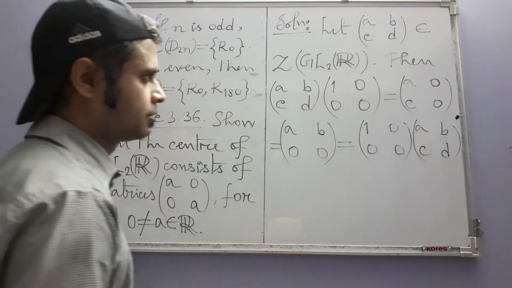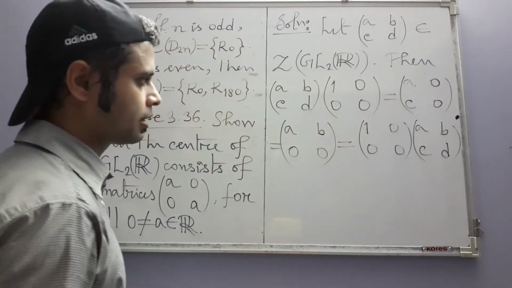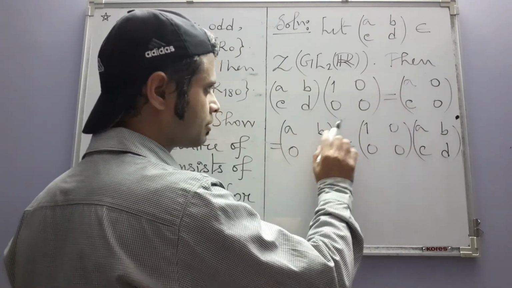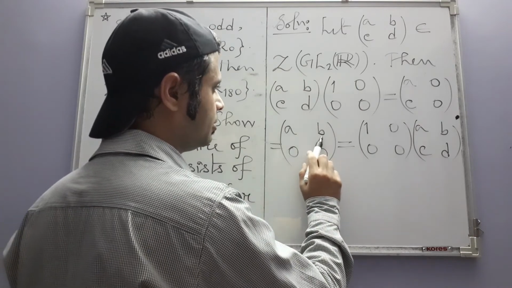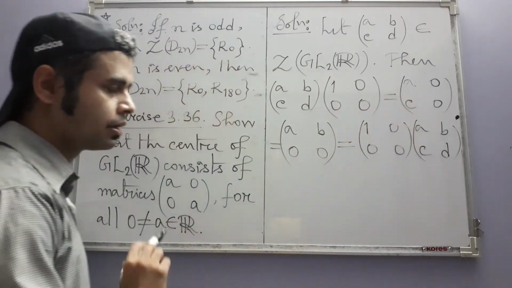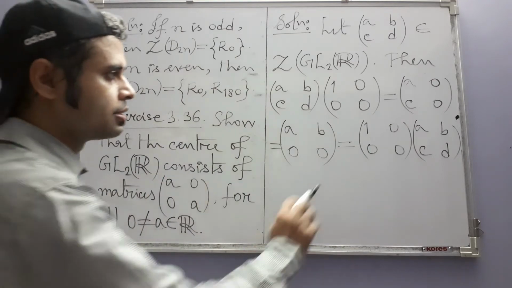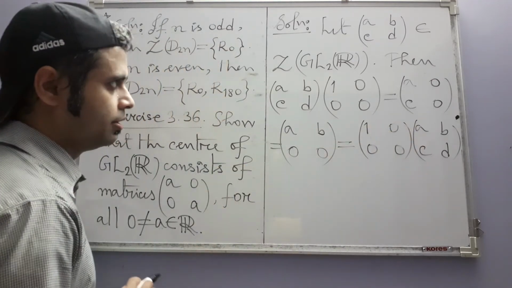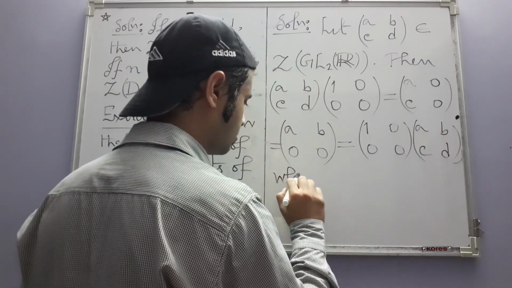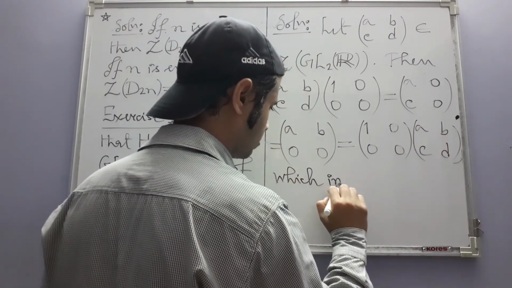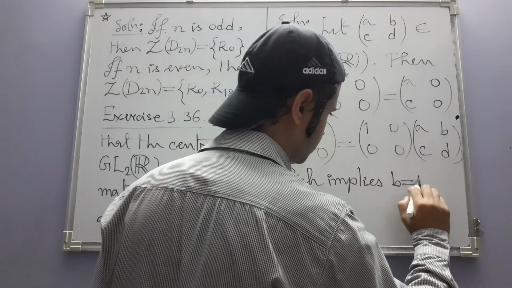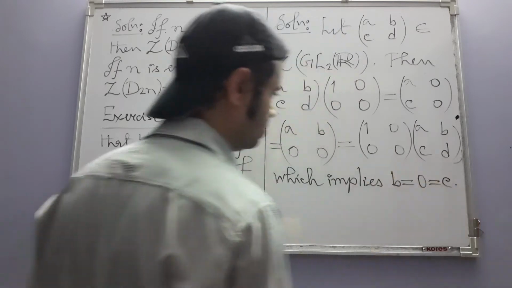Okay, so these two matrices are equal. That means the first row, first column entries are actually the same thing. However, the first row, second column entries tell us that B should be equal to 0. Similarly, C should be equal to 0, which implies B equals 0 equals C.